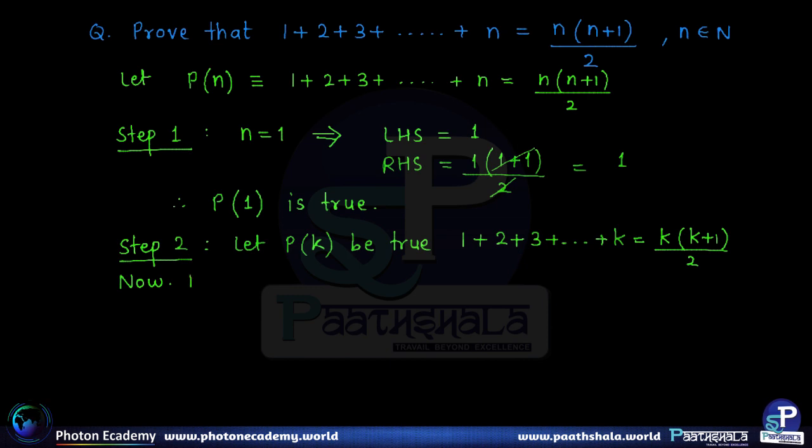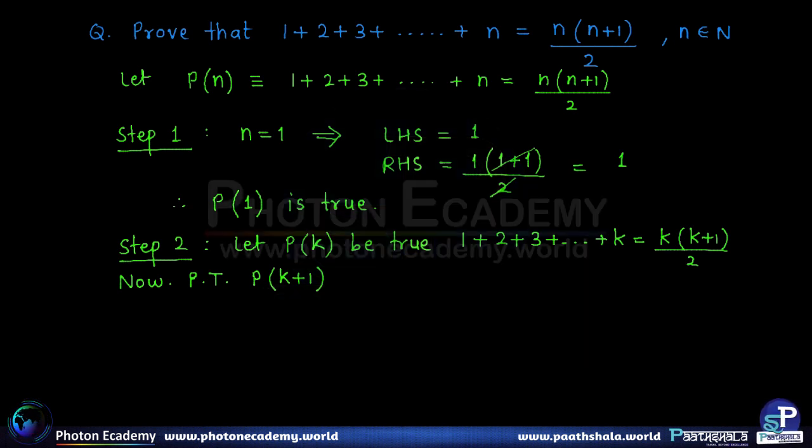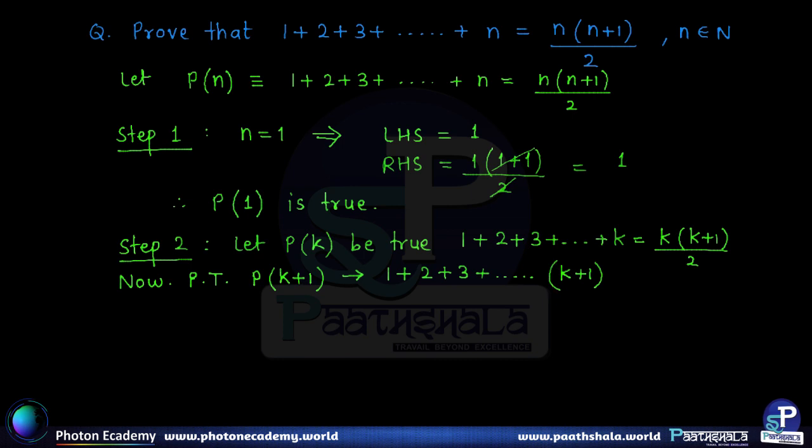Now assuming that, what is it that we have to prove? We have to prove that the proposition is true for P of k plus 1, that is the next element which is coming after k. That means we have to prove that 1 plus 2 plus 3 plus so on up to k plus 1, now the last term will be not k, but k plus 1, because that's the proposition, is equal to, wherever there is k, we have to put k plus 1, isn't it?